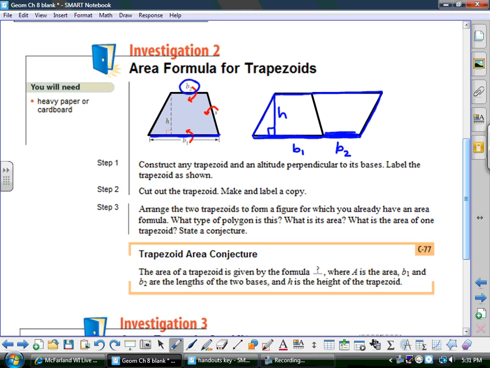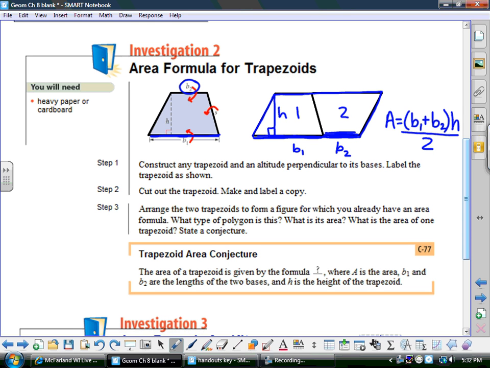So the area of the entire big parallelogram is base times height, and the base is really base 1 plus base 2, times height. That formula gets us the area of the entire parallelogram, so if I only want the area of a trapezoid, I need to divide that by 2, because it took 2 trapezoids to make that shape.